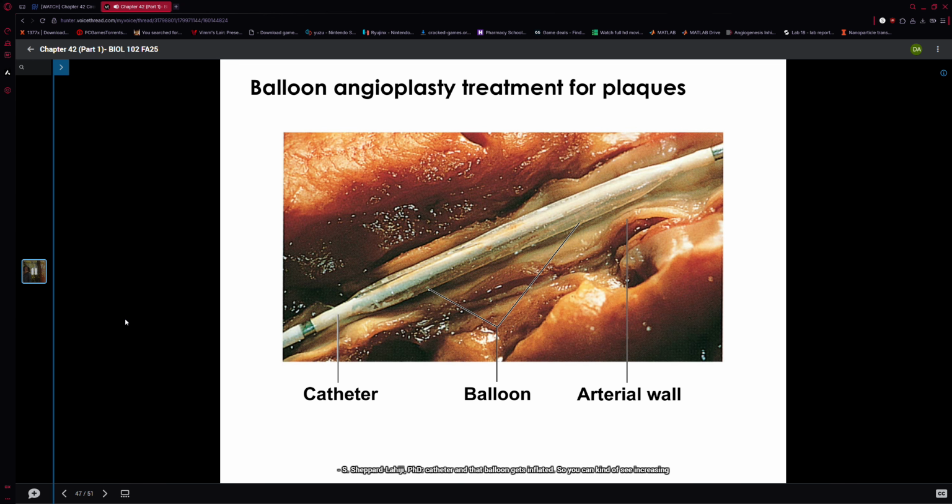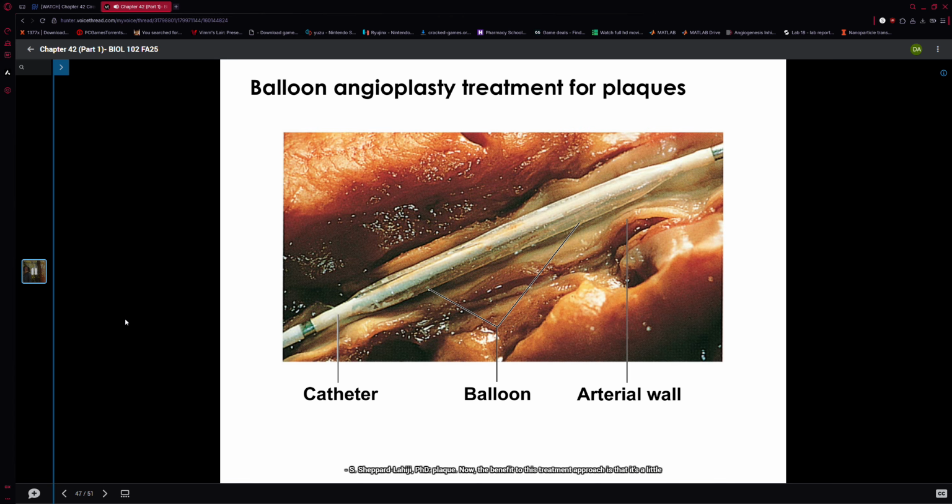So you can kind of see it increasing in size. So there's the catheter, and then surrounding it is the balloon. Now, through the inflation of the balloon, there's pressure that gets applied against the atheroma, and that helps to widen the lumen. So that can help to resolve any issues with blood flow that would have resulted from that plaque.